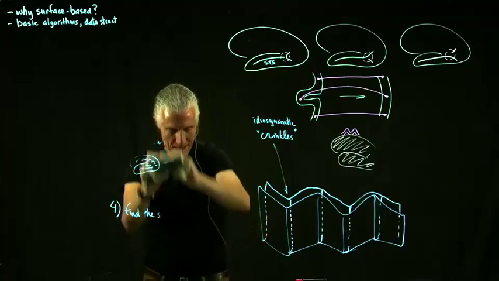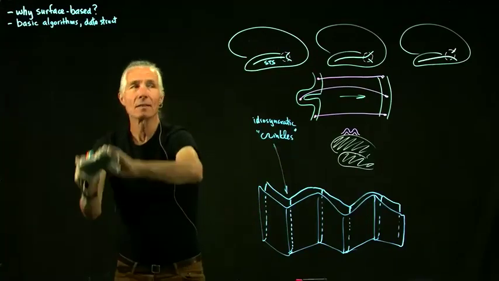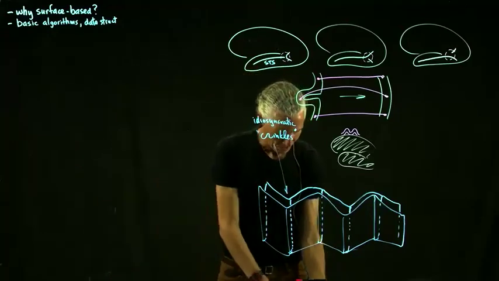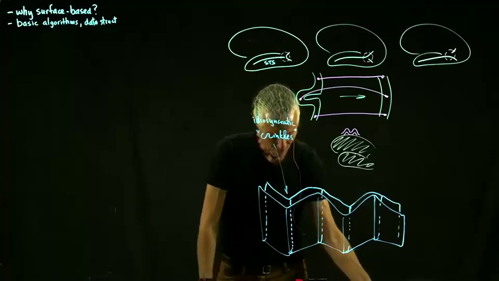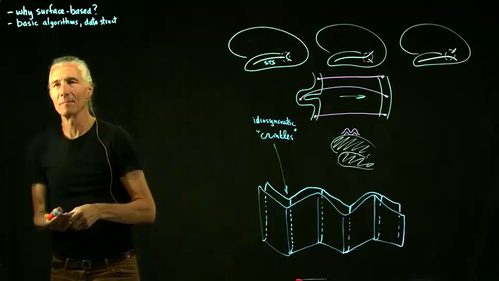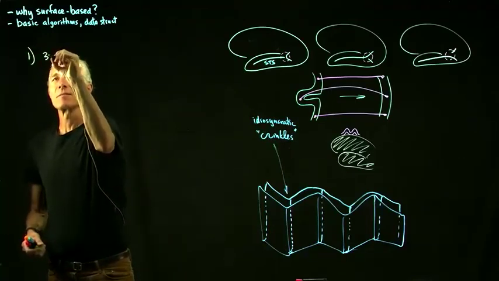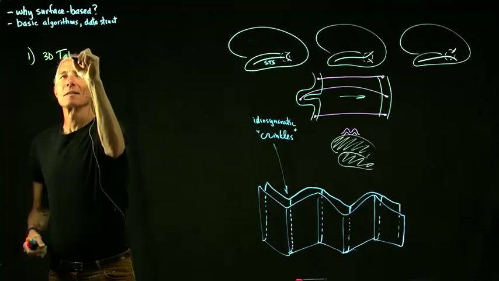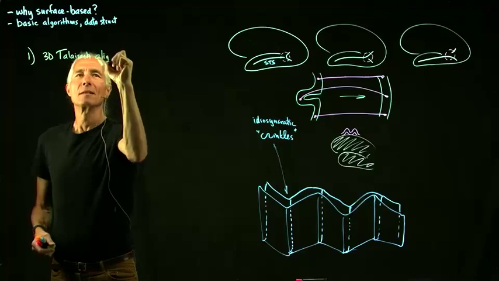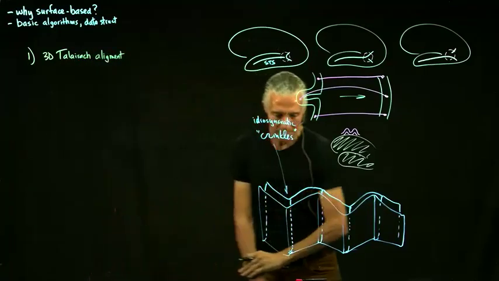surface. And one of the first things: even if we're on the surface, we still might want our standard XYZ coordinates. So that's not uncommon. We might still end up doing some kind of 3D Talairach alignment, because many people still use those 3D coordinates.